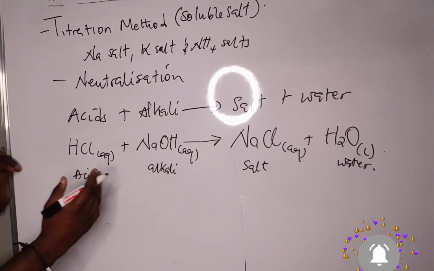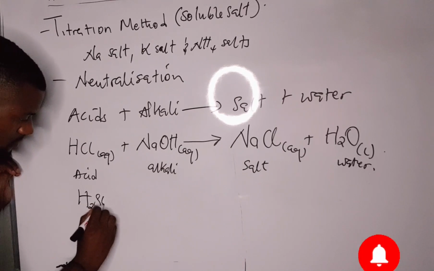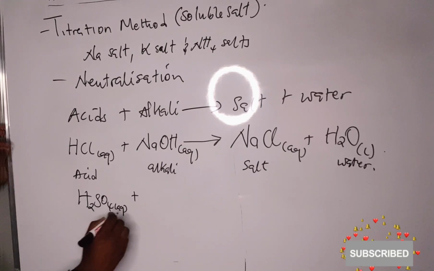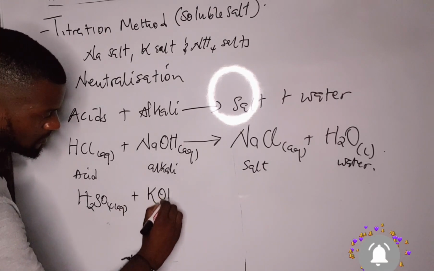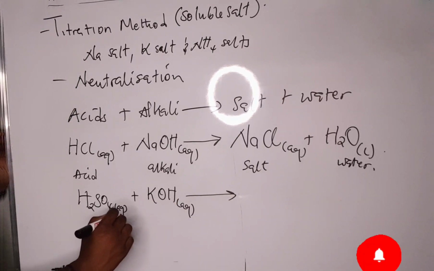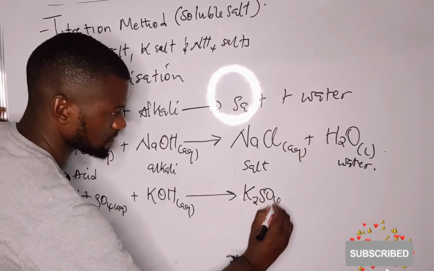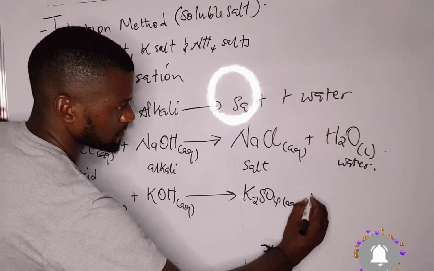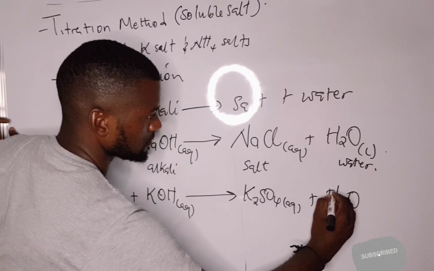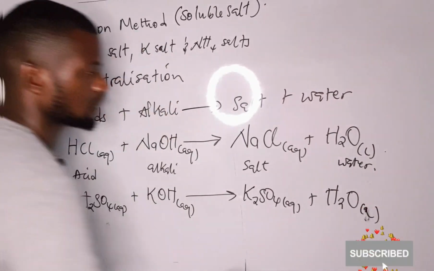We can have another example here. If we have sulfuric acid reacting with potassium hydroxide, this will give us potassium sulfate and water.